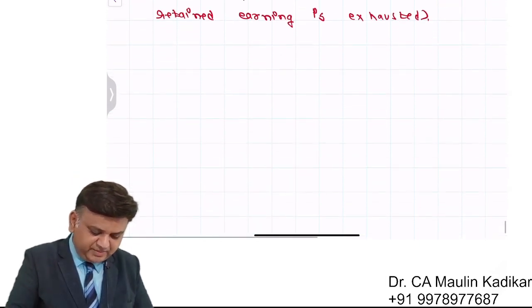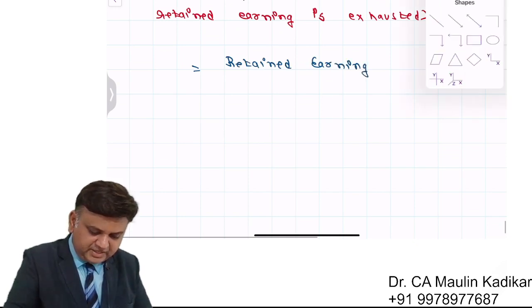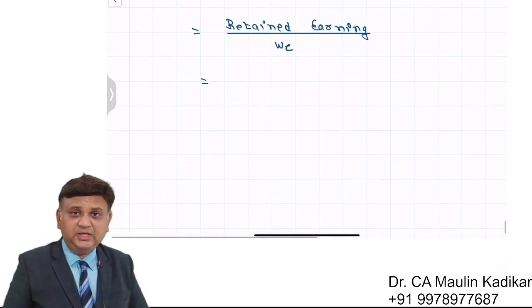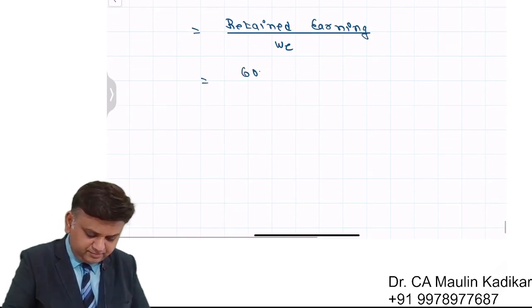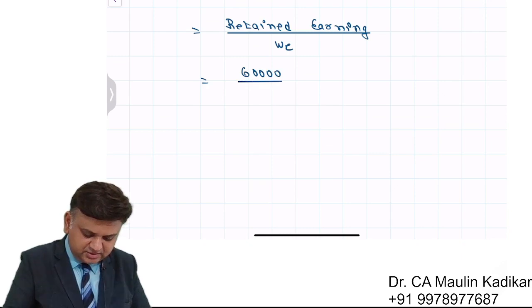Dear students, the answer will be calculated as retained earning divided by weight of equity. Retained earning is 60,000 divided by 0.6.